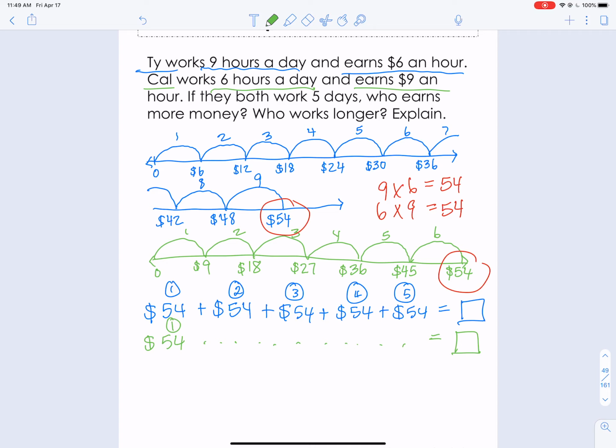So let's work on writing out our explanation because it says explain. If they both work 5 days, who earns more money?